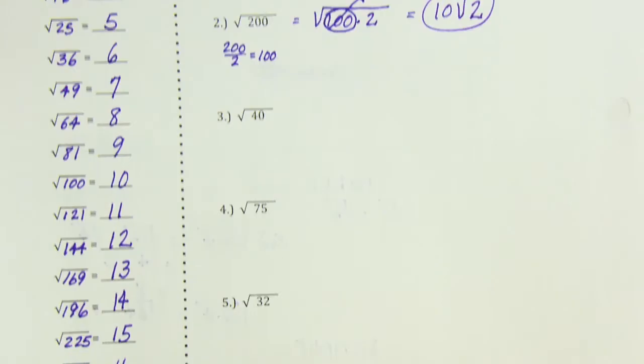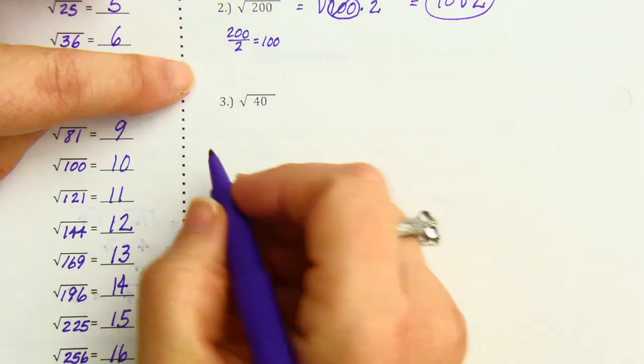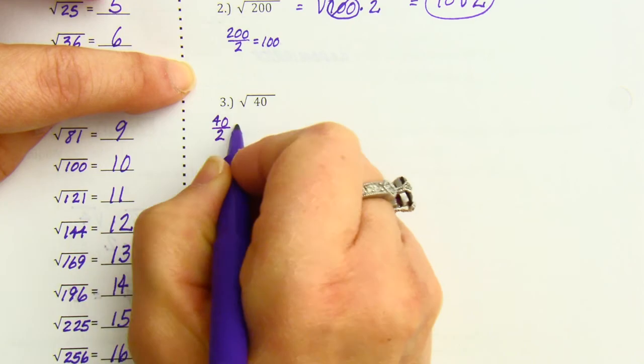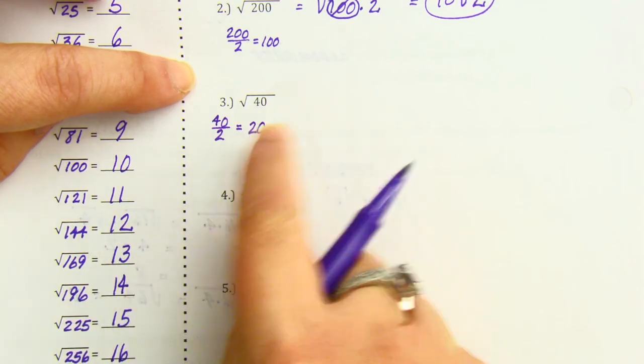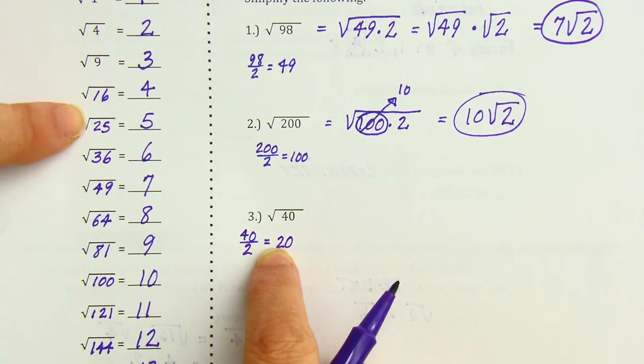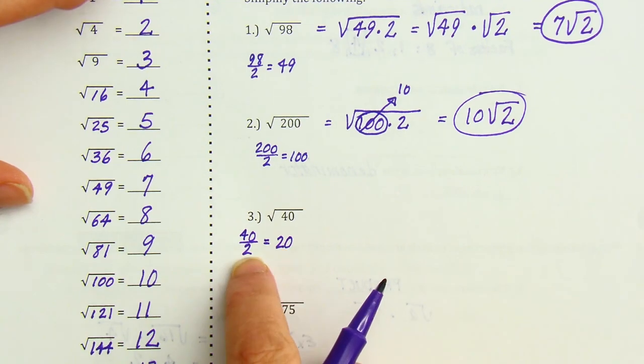Now, we're going to look at 40. 40 is not a square. It's even. All right, let's do 40 divided by 2. I get 20. Is 20 a square? If you look in your list, it's not a square. It's between 16 and 25. Well, I could try then to divide by 3 if that didn't work.